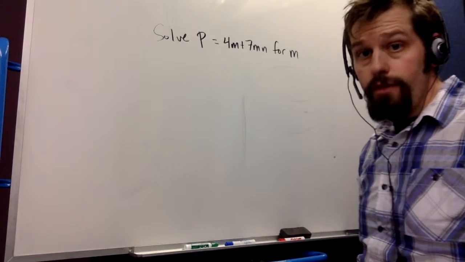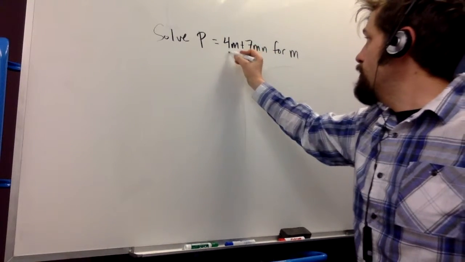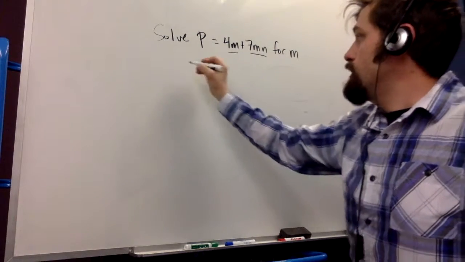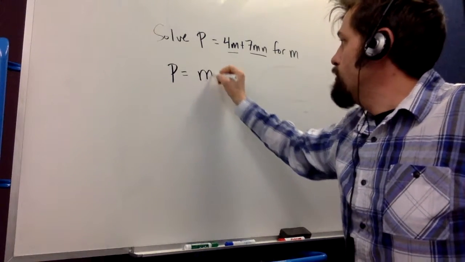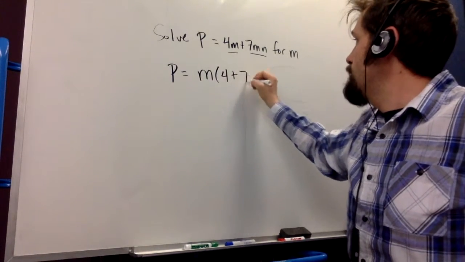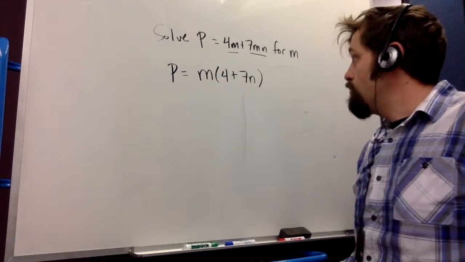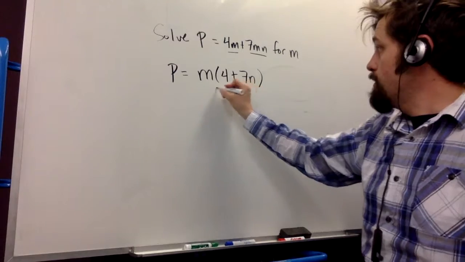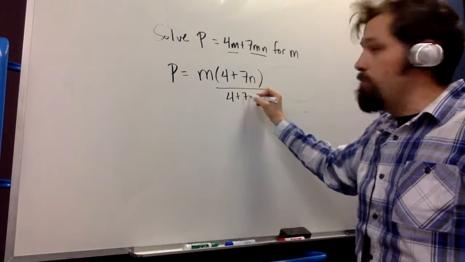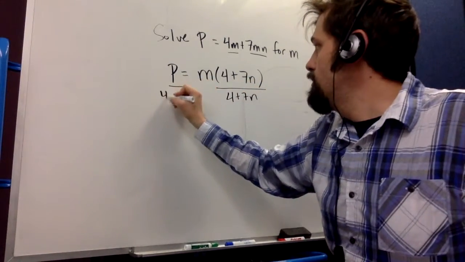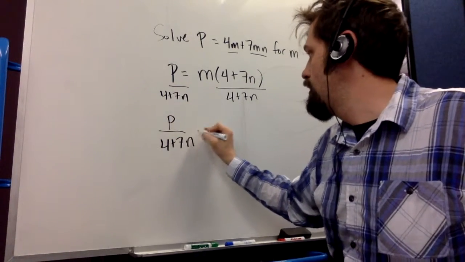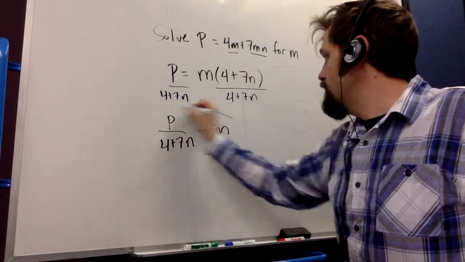To solve this for m, notice that both these terms have a factor of m, so we need to factor an m out of both terms, 4 plus 7n. Now we want to solve for m. We have p equals m times some number, so we divide both sides by that number. And we have solved for m.